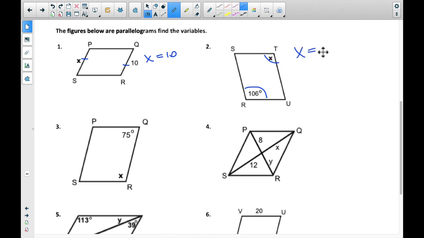So that means x is 106. Then remember, this is if they're across from each other, this is if they're next to each other. If they're next to each other, then they add up to 180. And so that means that x is 105, because if I subtract 180 minus 75, I get 105.